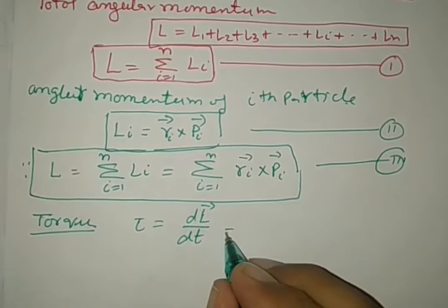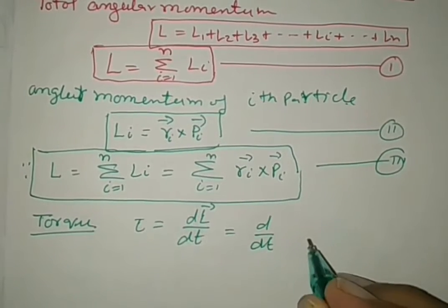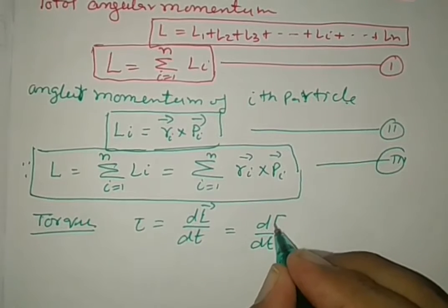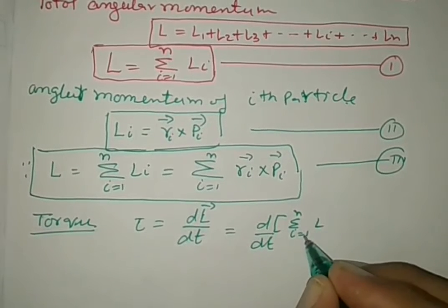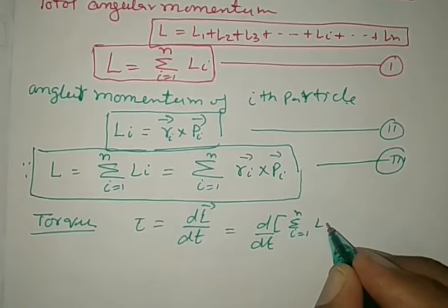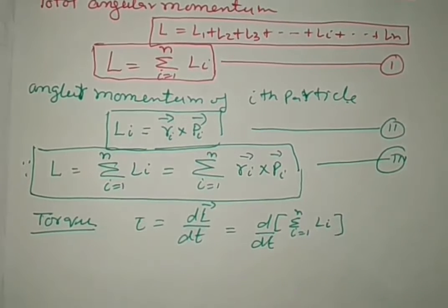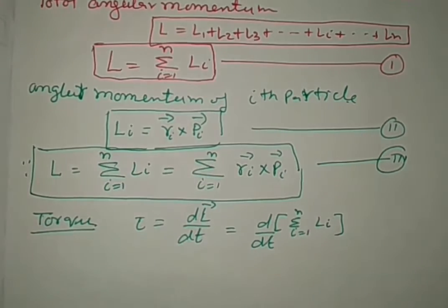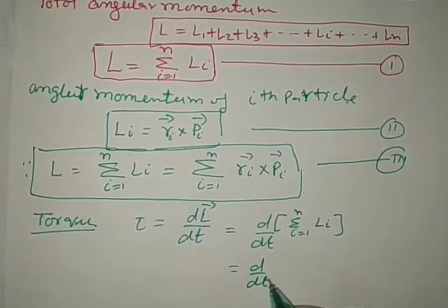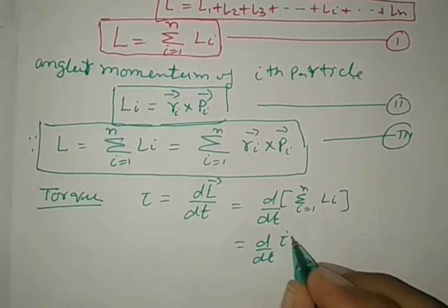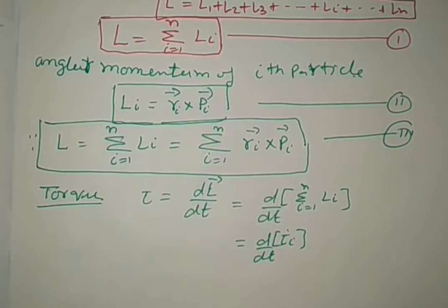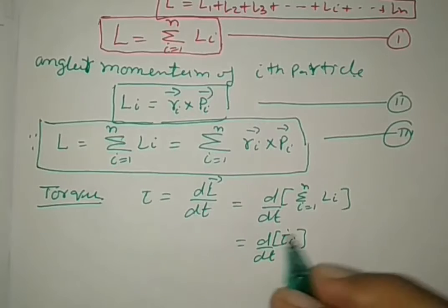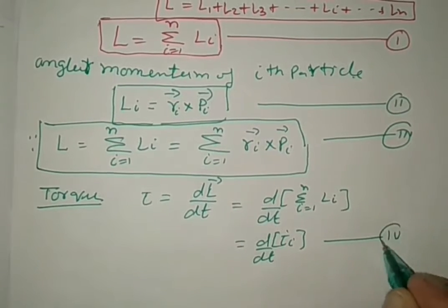When we write it, it is d by dt of L. This L can be written as summation i equal to 1 to n of Li, and this can also be written as d by dt of tau i. Clear? And this equation we are going to represent as equation number 4.